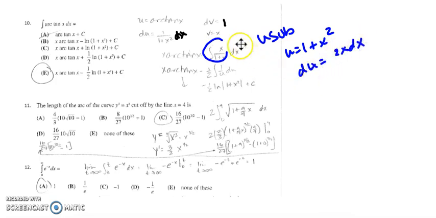And you don't need the 2, you just have a single x over here. So we're going to actually divide by 2 on both sides. So I end up with a 1/2 out in front, and that's what I've done right here. I put a 1/2 out in front and then 1 over u du. And 1 over u integrates to the natural log of the absolute value of u. I went ahead and subbed in the 1 plus x squared from my u substitution. That's coming right back in there.